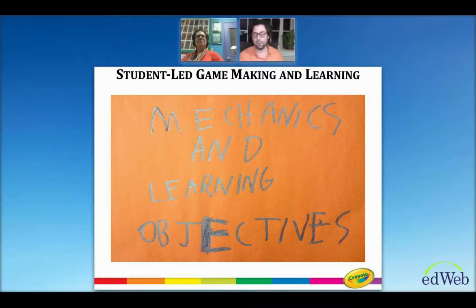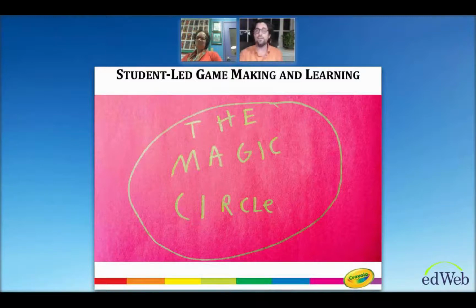What else do we need to know about games? The first thing to be able to create a game where mechanics and learning objectives are tied together is to think about this concept of the magic circle. We talk about the magic circle in games all the time. The magic circle is this idea of boundaries, that a game exists inside a closed boundary system where the rules are separate from the outside world.